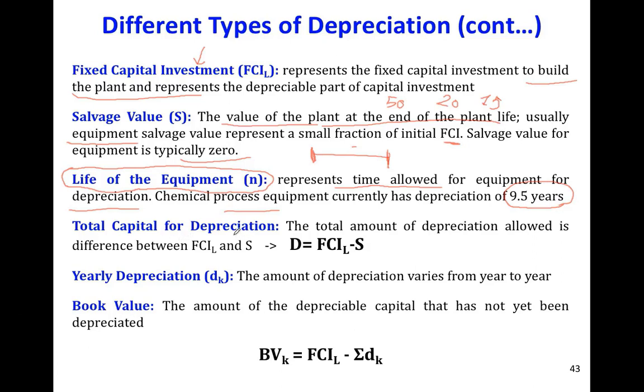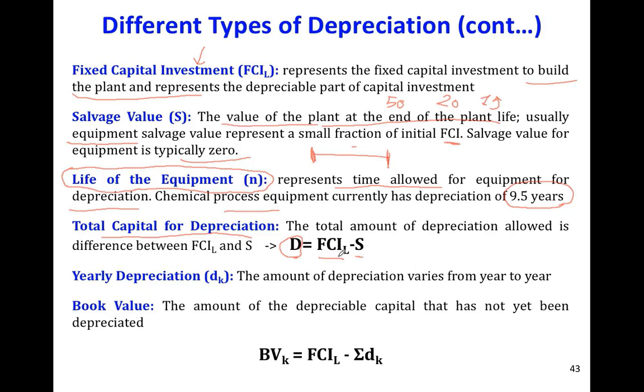Total capital for depreciation, or the depreciation amount, we show it with D. It is the difference between the initial fixed capital investment at the beginning minus the salvage value, minus what we have at the end.